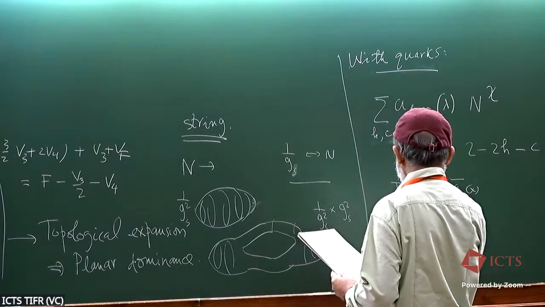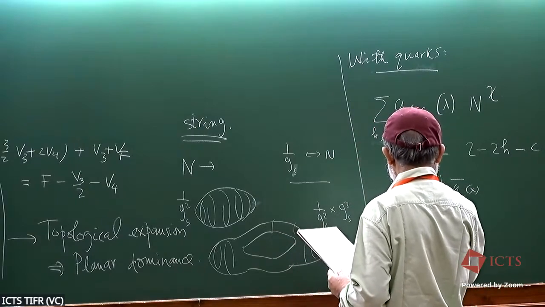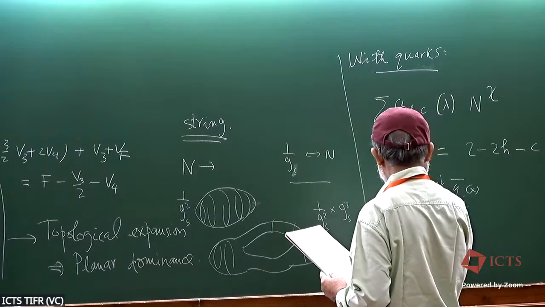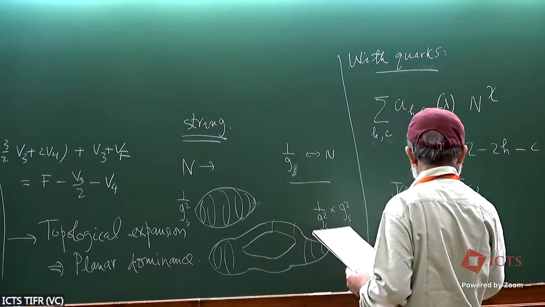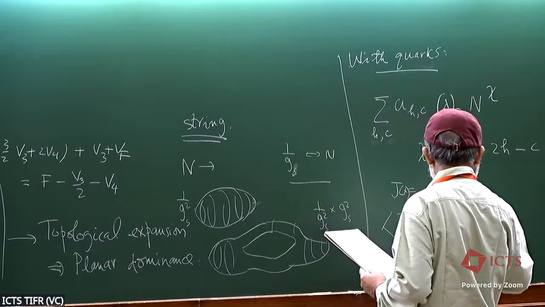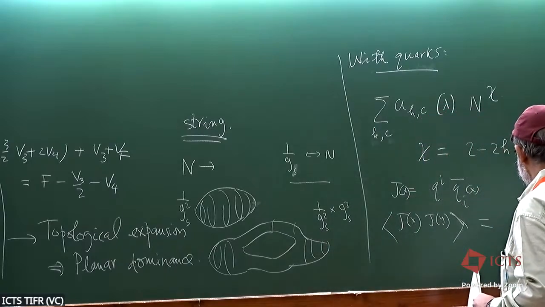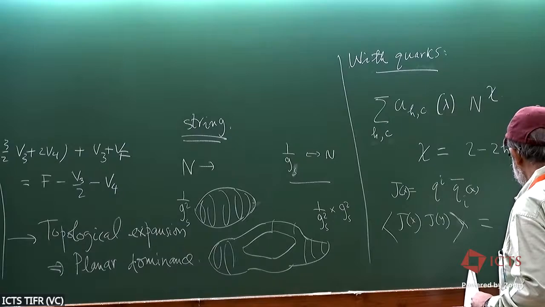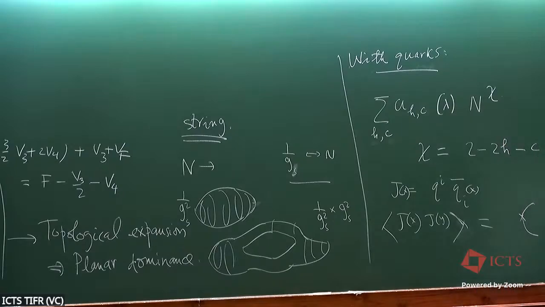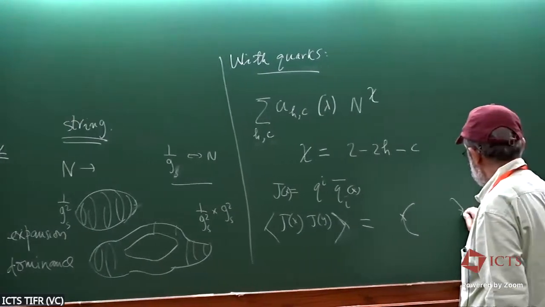I'm going to compute J(x) J(y). So it should look like a quark bilinear. So J(x) looks like this, and J(y) also looks like that.